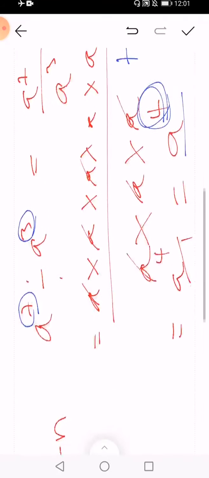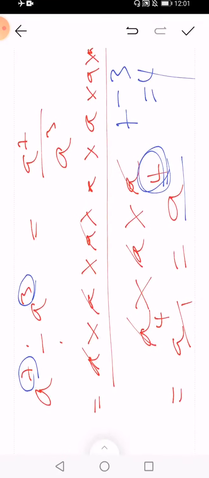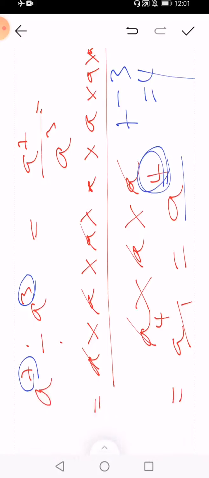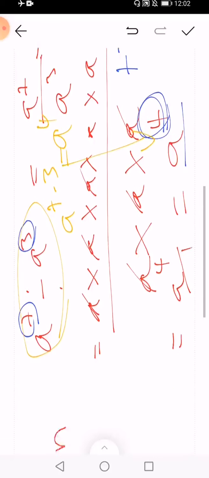We get the difference. Just like you see here, we got the difference. We will write this as a to the power 7 minus 3, and then we get a to the power 4, which is what we got here, a to the power 4.